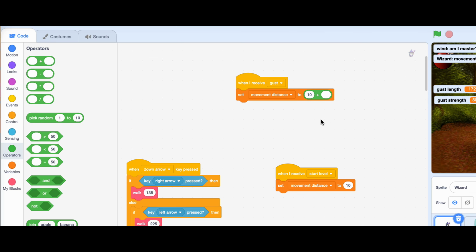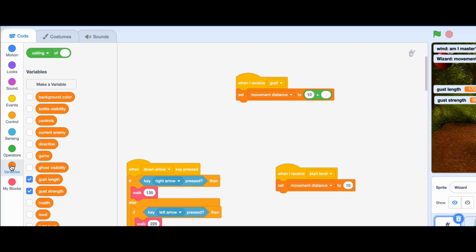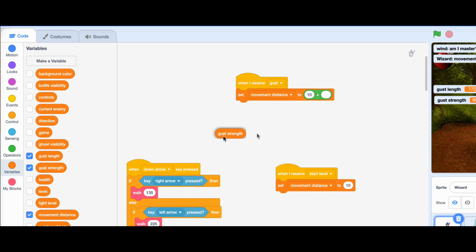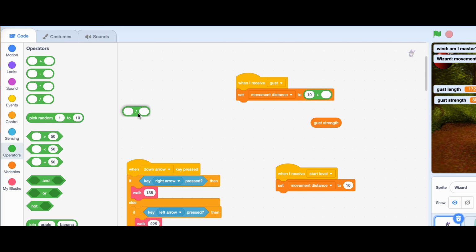So how big is the effect that we want? Well, we want basically something that's proportional to the gust strength. So the stronger the wind, the more it pushes the wizard around. But gust strength is from 0 to 20,000, which is way off scale. So we're going to reduce that by dividing it.